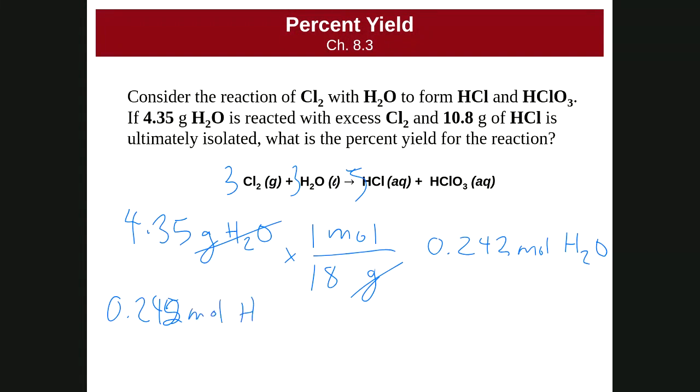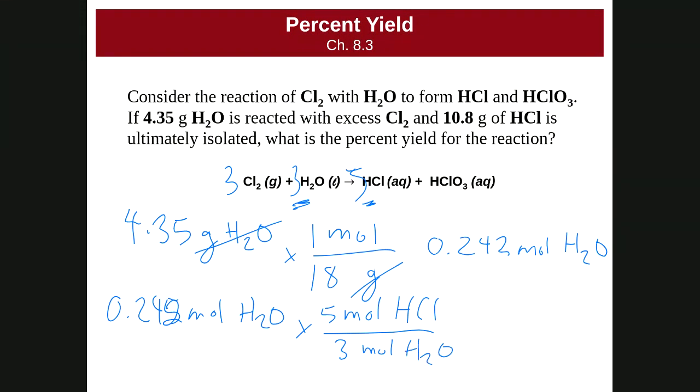Moles of water. And our mole ratio is going to be 3 to 5 for HCl. So we put 5 moles of HCl on top and 3 moles of water on the bottom from our balanced reaction.